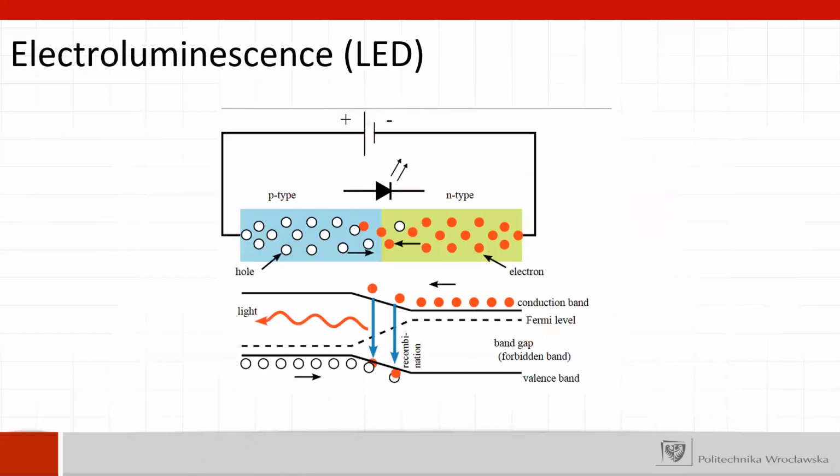So if we make an LED, a light emitting diode, the difference between just an LED and a normal diode is that when the recombination occurs at the boundary of these two semiconductor types, the recombination process emits light, right?